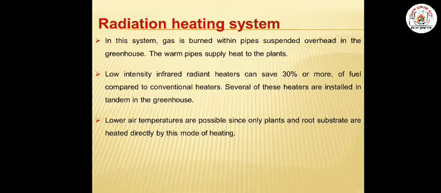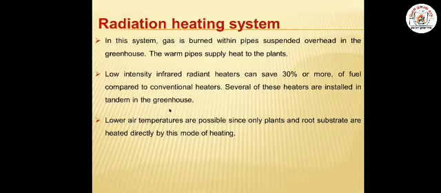Several of such heaters are installed in tandem in the greenhouse. Lower air temperatures are possible since only plants and root substrate are heated directly by this mode of heating, that is, by means of radiation heating.